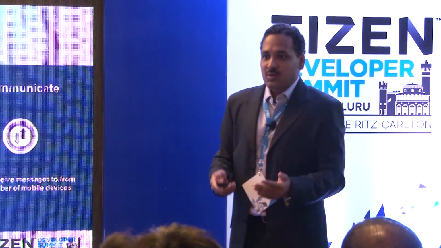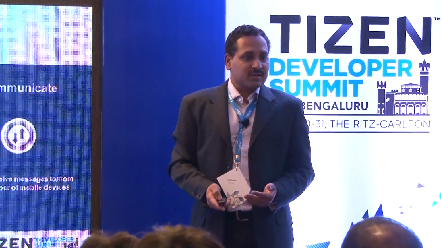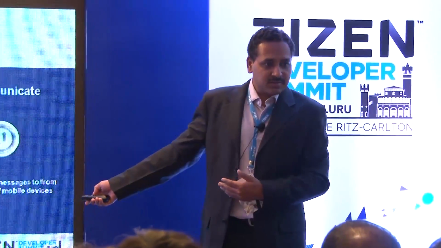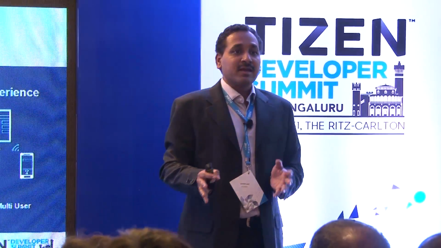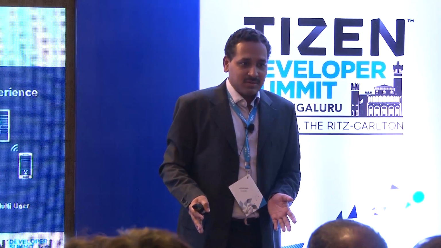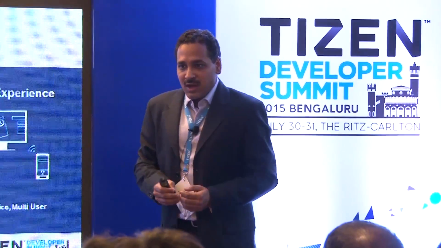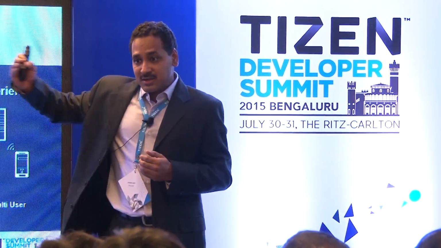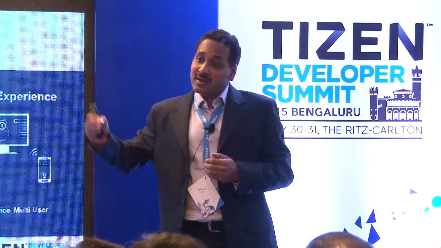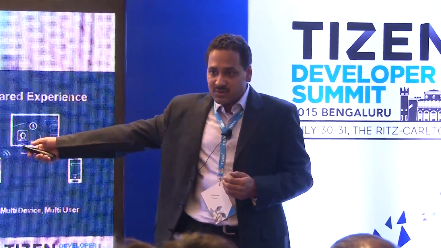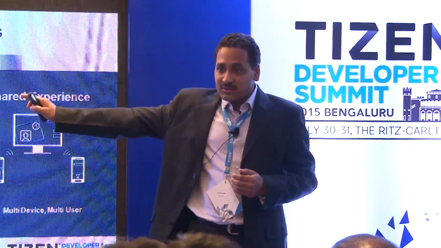So let's take a look at what kind of applications can be created using multi-screen APIs. So you can create applications like app casting. So what exactly do we mean by app casting? Wherein you have a mobile application, you are launching an application on the TV from your mobile, and that application can directly be launched from the remote control on the TV.